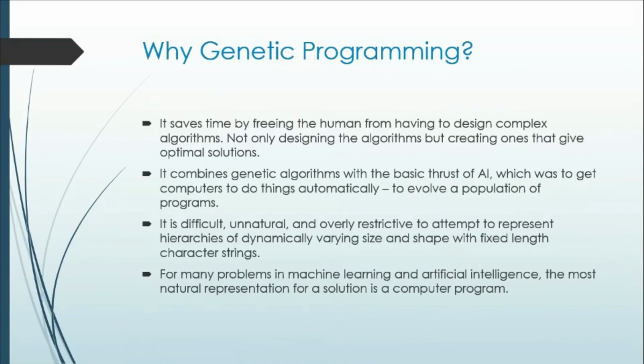Then it combines genetic algorithms with the basic thrust of AI, which was to get computers to do things automatically. AI means artificial intelligence, you know what it means. The computers have to do things on their own. So if the computer does the programming also on its own, that is better.